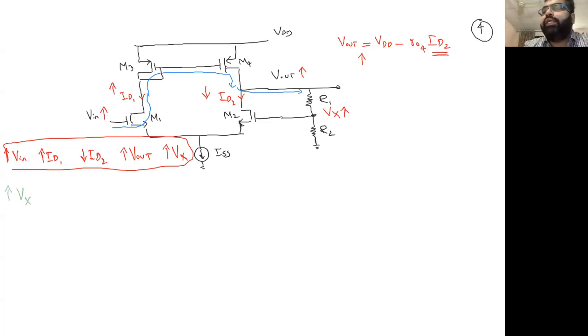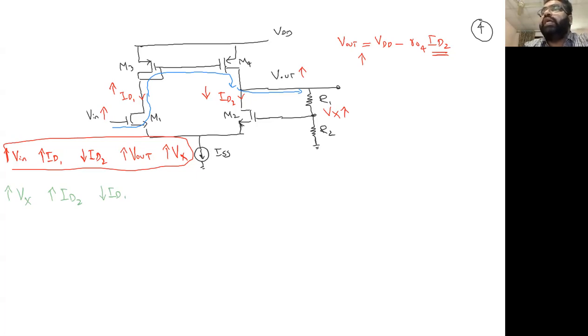What will happen with ID2? ID2 will go up, opposite. ID2 will go up. What will happen with ID1? It goes down. Opposing this change, what will happen with V in? We don't even have to see V in, you will also have to reverse back. So V in was increased initially in the feed forward path, ID1 was increased, ID2 was decreased, V out increased, Vx increased, but in the feedback path, because of Vx increasing, ID2 was increased, and because of ID2 increasing, ID1 was decreased.